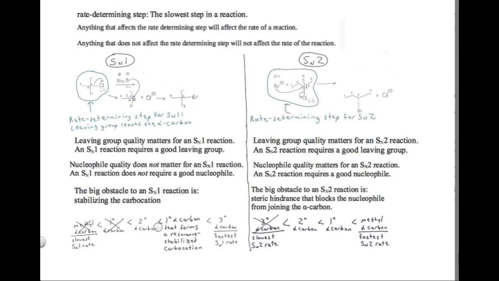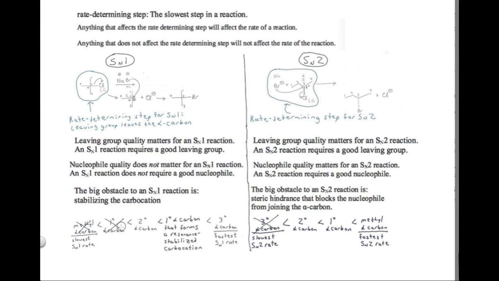Remember, here's the order that we've learned for SN1 rates and alpha carbons. We've seen here that the rate of an SN1 reaction is faster for more substituted alpha carbons and slower for less substituted alpha carbons. In particular, we saw that a secondary alpha carbon would have a faster SN1 rate and a primary alpha carbon would have a slower SN1 rate.